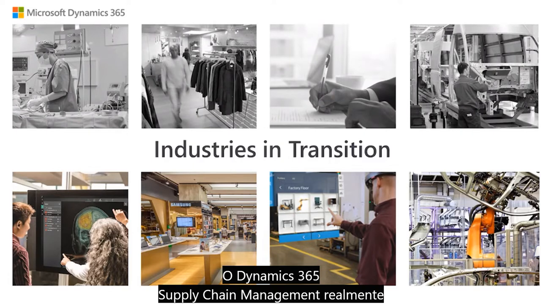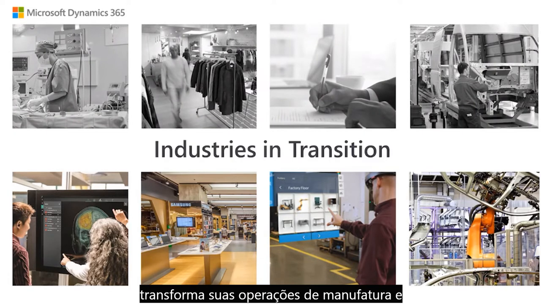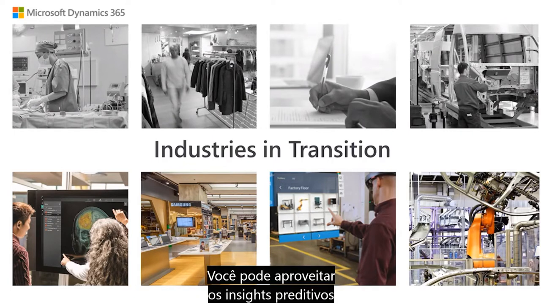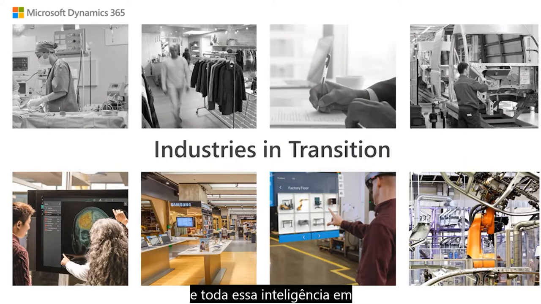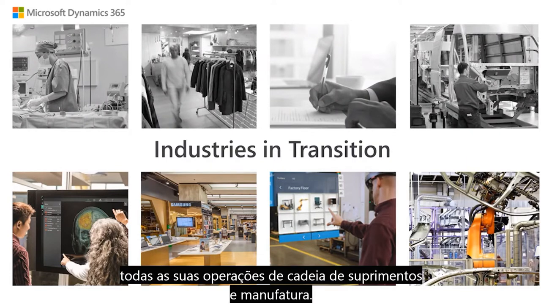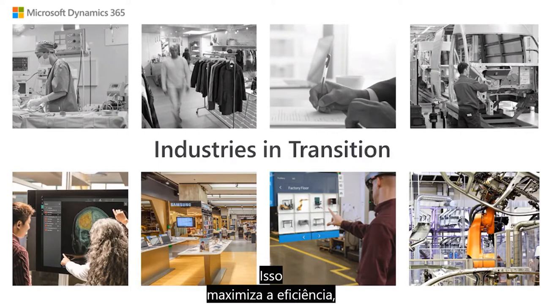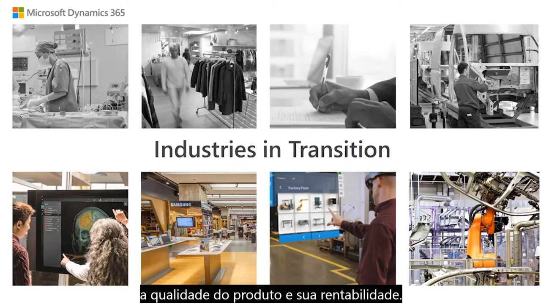And Dynamics 365 Supply Chain Management actually transforms your manufacturing and supply chain operations. You're able to take advantage of predictive insights and all of this intelligence across your entire supply chain and manufacturing operations. And what it does is it maximizes efficiency, product quality, and your profitability.